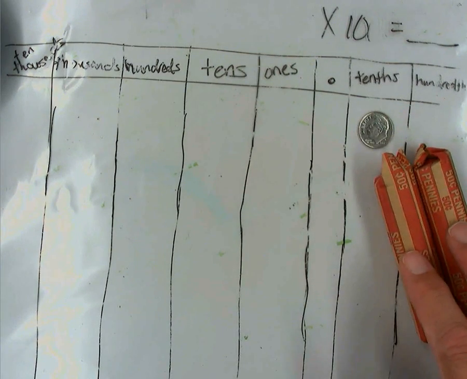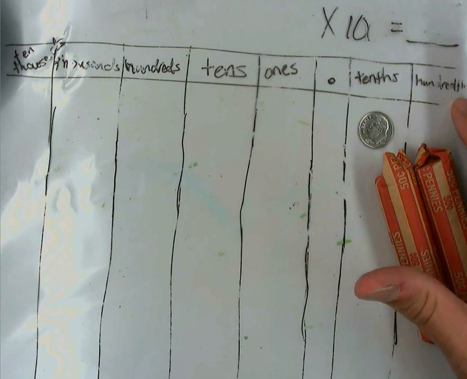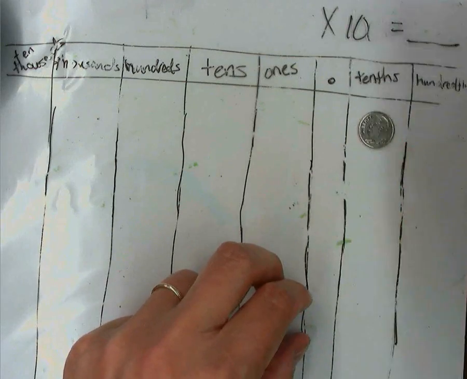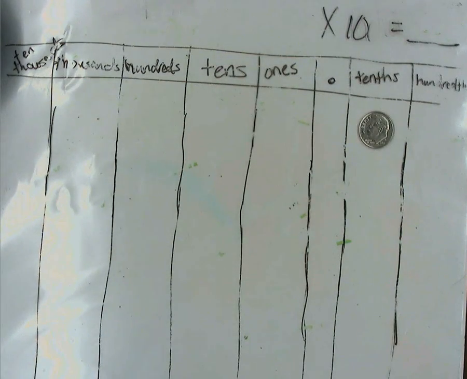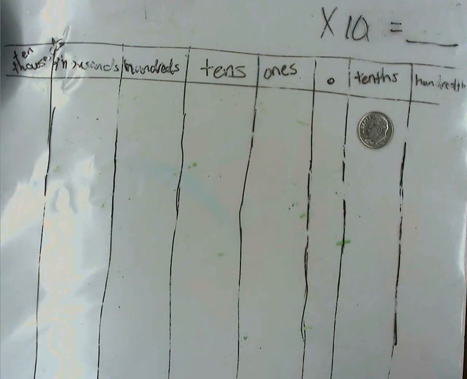These penny rollers right here hold 100 pennies. So if you have 100 hundredths, you therefore have one whole. Now looking at tenths. If you have 10 tenths, you have a whole.